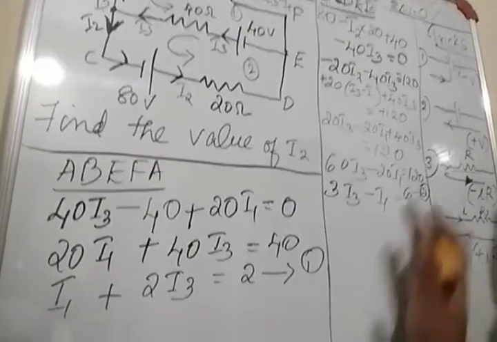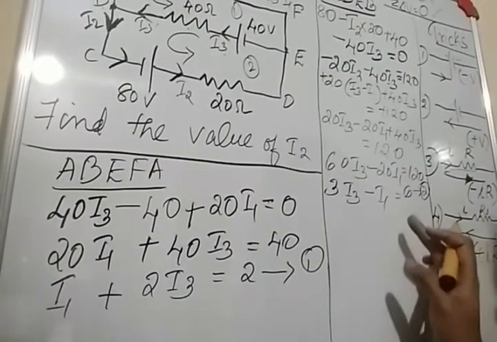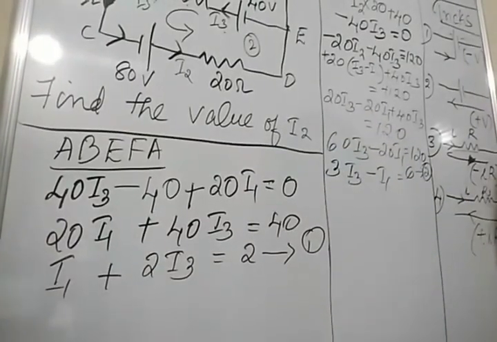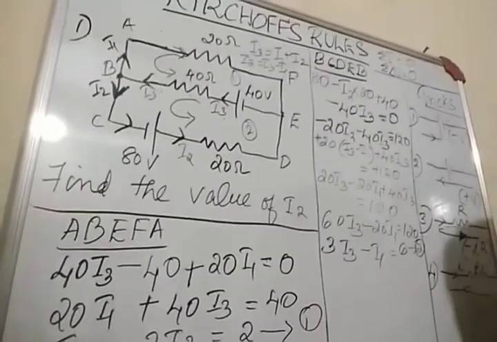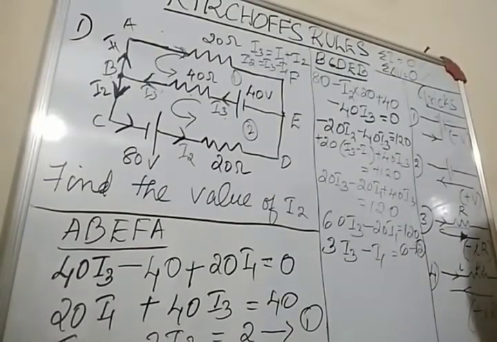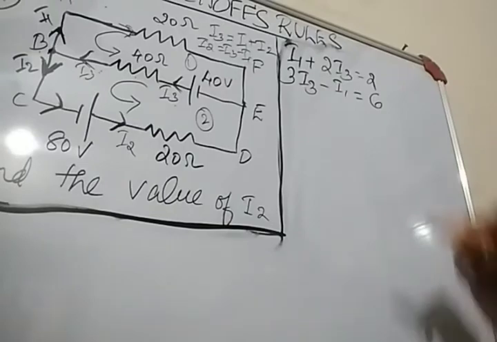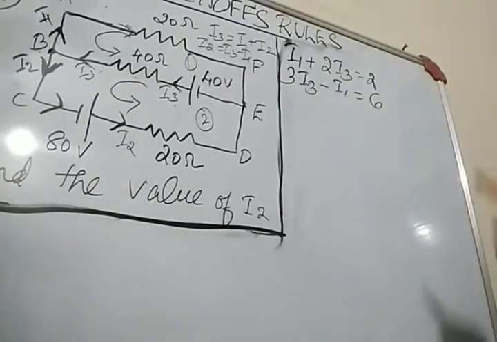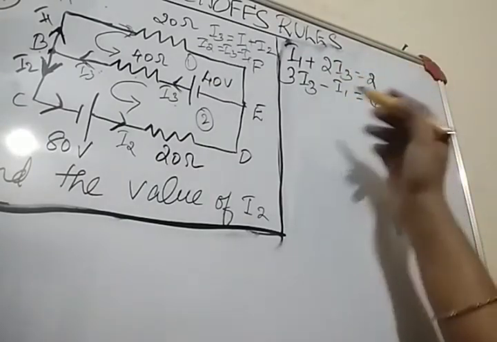We need to solve these two equations 1 and 2 so that we could get the value of I2. So these are the two equations that we got when we solved the two loops. Now we need to solve these equations.